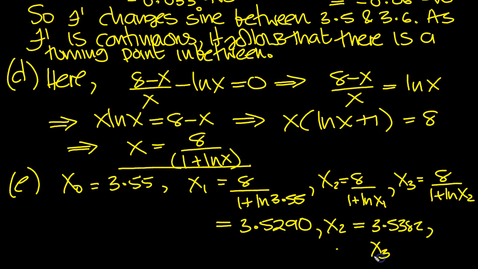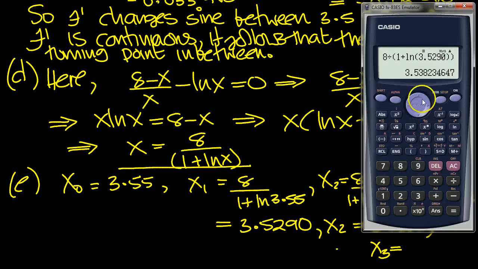And x3 is equal to, so let's go back, and it was 3.5382. I'm going to put that back up in here. So let's get this right. And we get 3.5342.